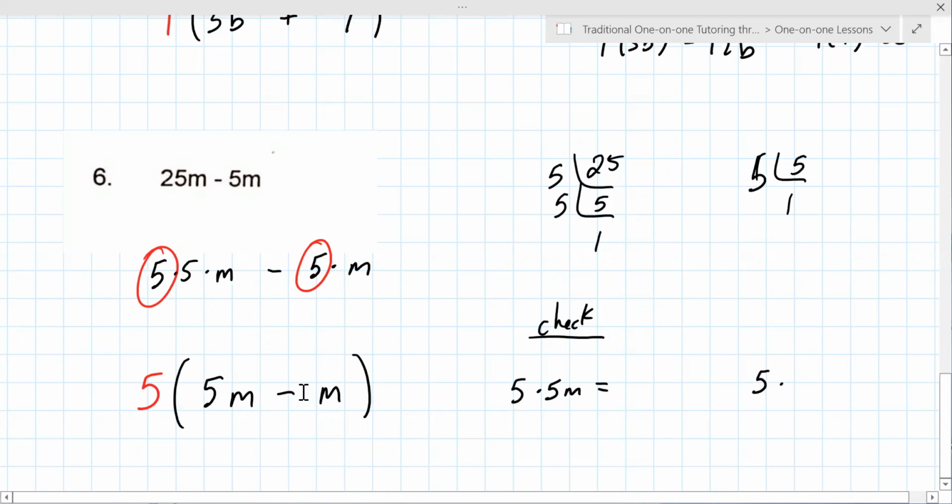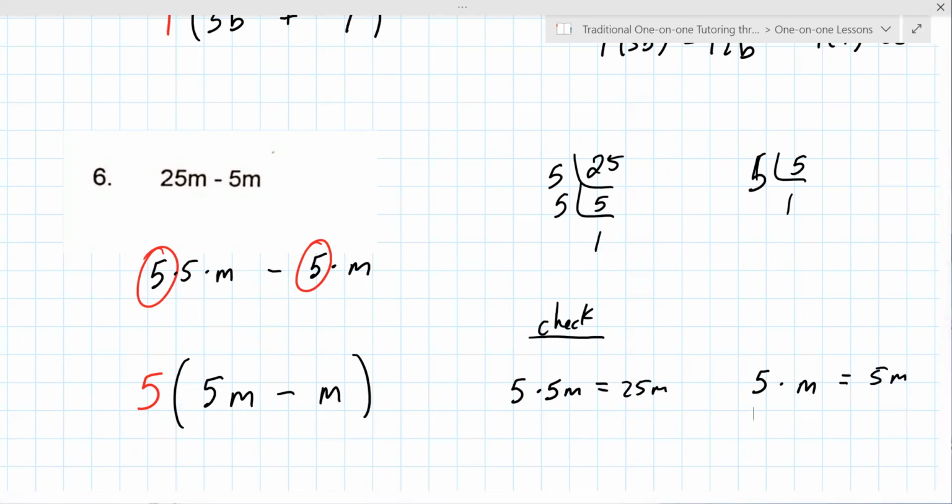It's really negative m. We'll just do times m, keep it simple, and assume that minus goes with it. This is 25m and 5m. Okay.